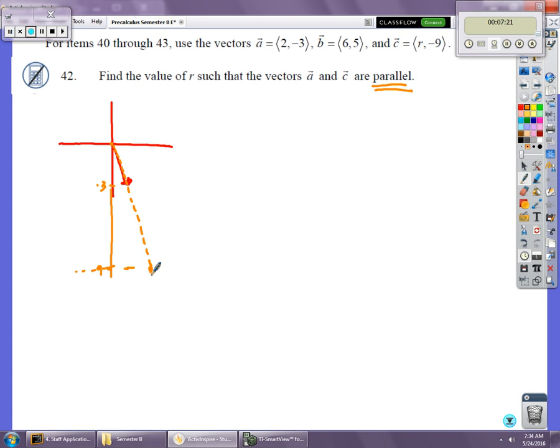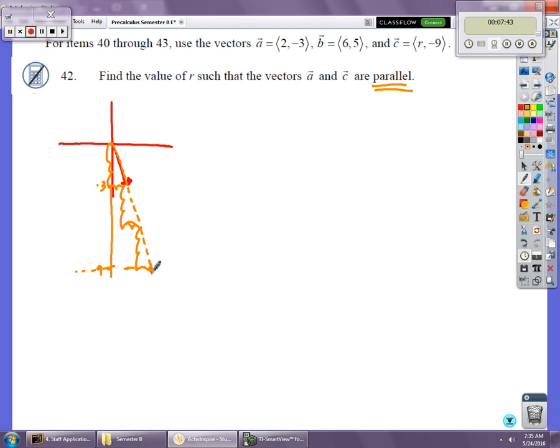They end up being the same vector, just one's a little bit longer than the other. But this is certainly one way that we can figure this out. If this one went down 3 and over 2, down 3 and over 2, and down 3 and over 2, you can think of it that way and see if you can figure out the x-coordinate. And that's how visually I would look at it.